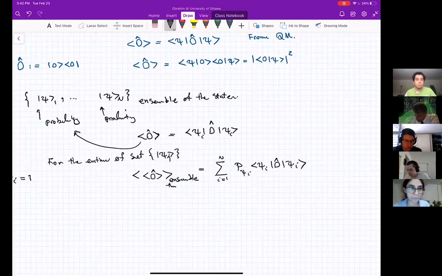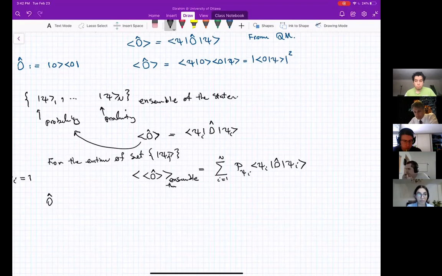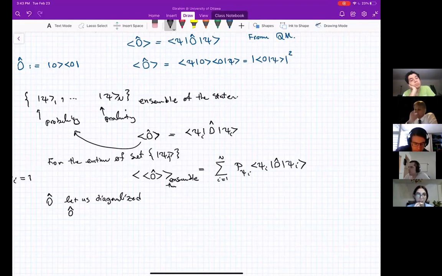The operator O can be diagonalized in a specific basis. Let's diagonalize O in the basis of n, or whatever you wish to call it.